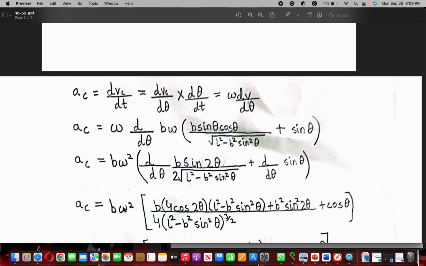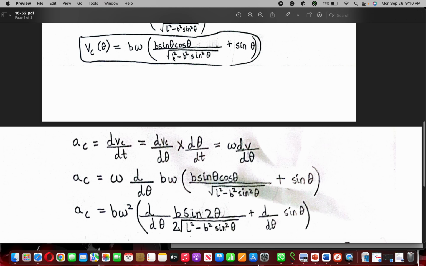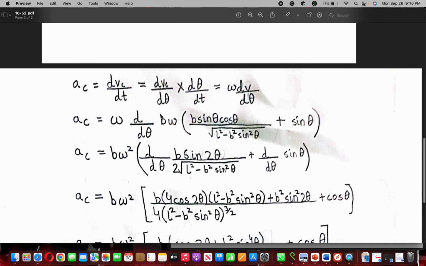So d theta over dt, as you know, is omega, the angular velocity, and it is multiplied by dv over d theta. In this, we don't have to use the chain rule while differentiating, because we are already differentiating with respect to theta, since we used the chain rule at the start of the equation. So a_C is equal to omega d v over d theta, and in place of v we put this over here, and then we differentiate it.